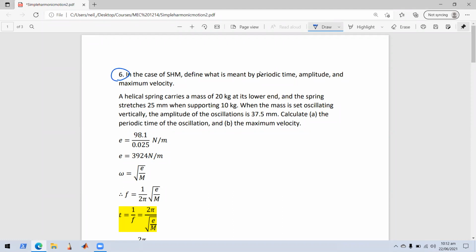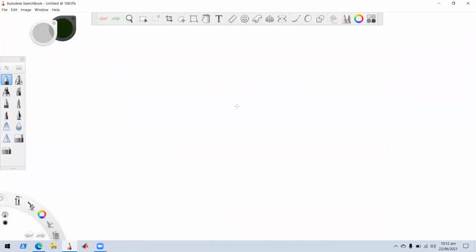In the case of simple harmonic motion, define what is meant by periodic time, amplitude, and maximum velocity. Now, this should come pretty easy to you guys. We know what simple harmonic motion is. It's some particle here, and this particle moves back and forth across some set boundaries.